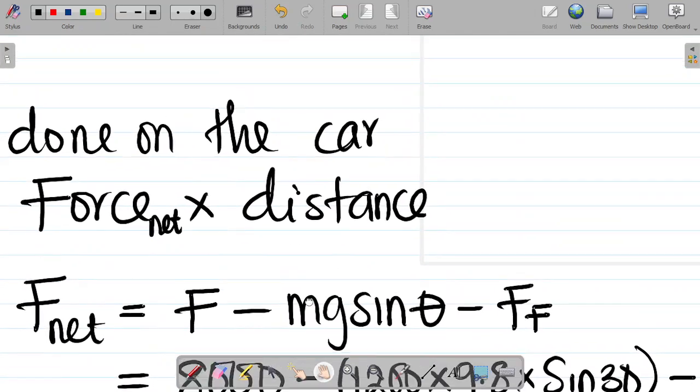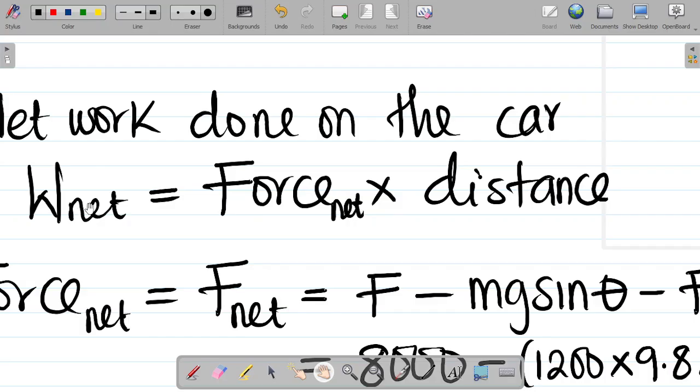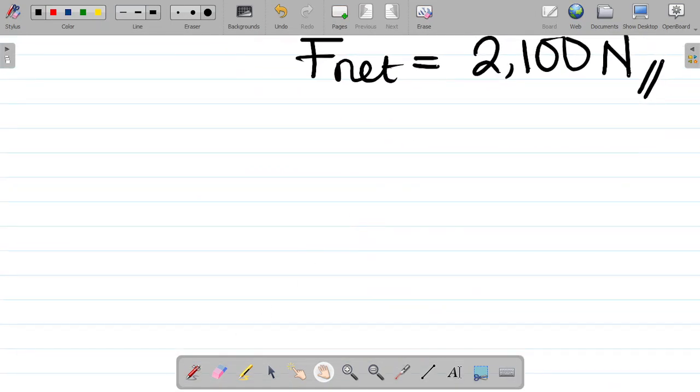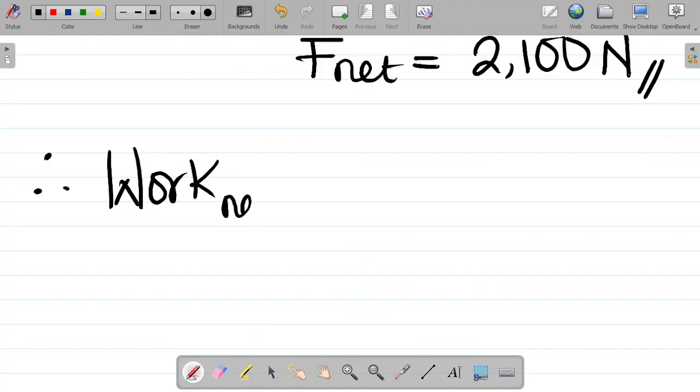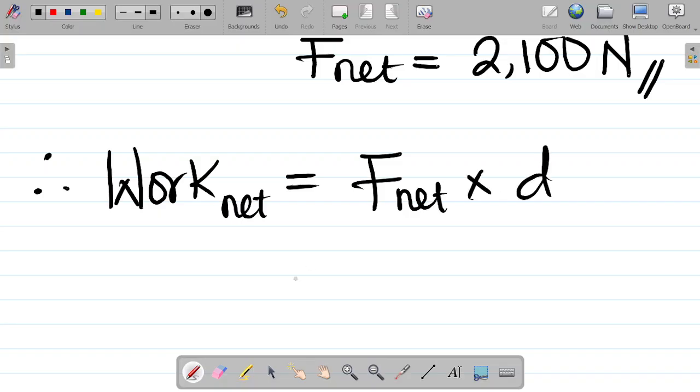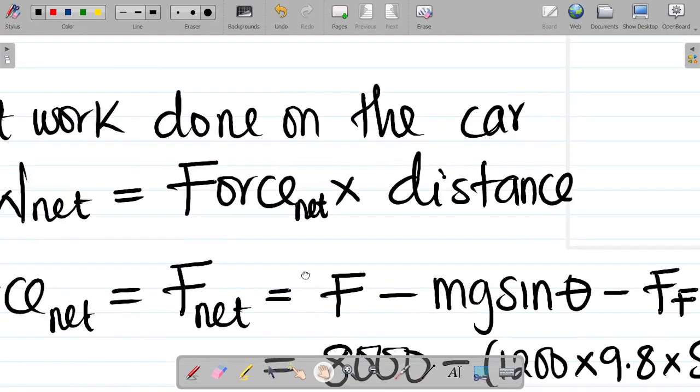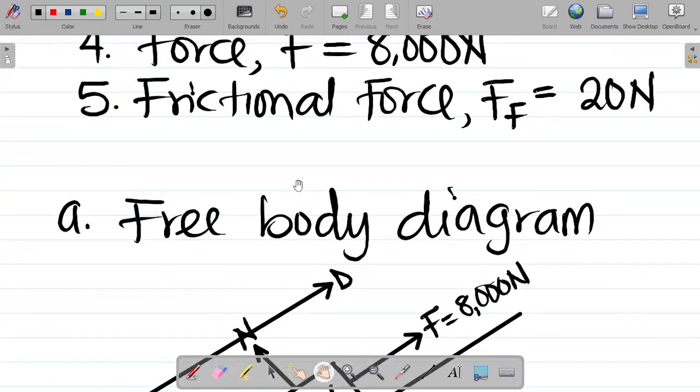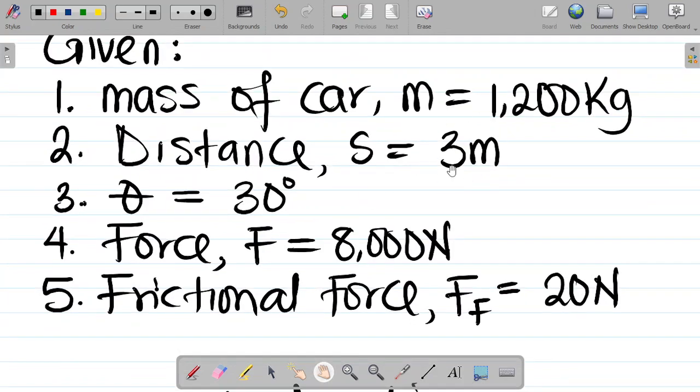We were not asked to find the net force. We were asked to find the net work. Therefore, the net work is equal to F net, the net force, times distance. The net force there is 2,100 times the distance S in the question, which is 3 meters.